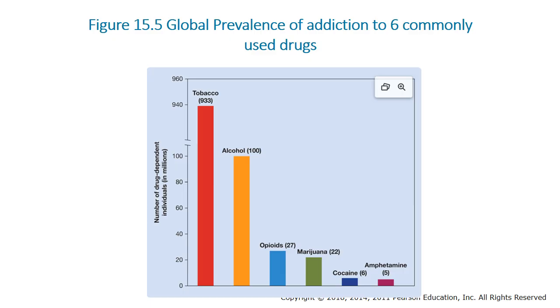Opiates, then marijuana, then cocaine and amphetamine. So things like cocaine may get a lot of media attention because of the level of psychological effect that goes along with it and the danger associated with intense use in binges. But the number of people dependent on alcohol is much higher.